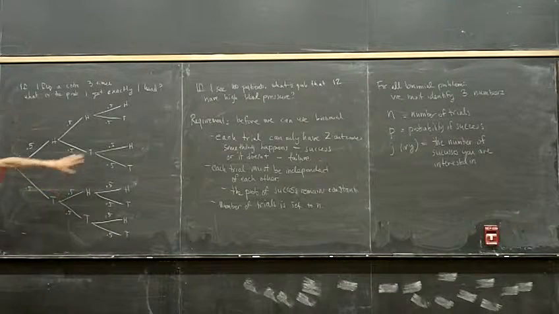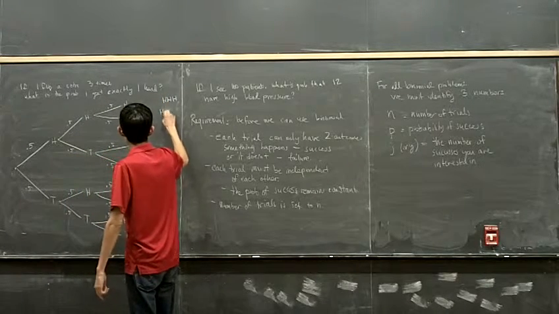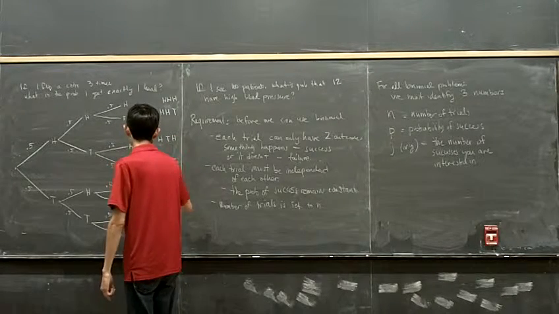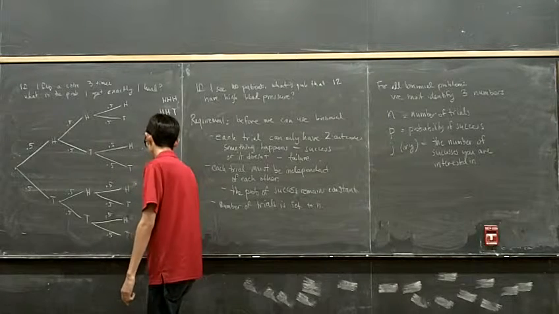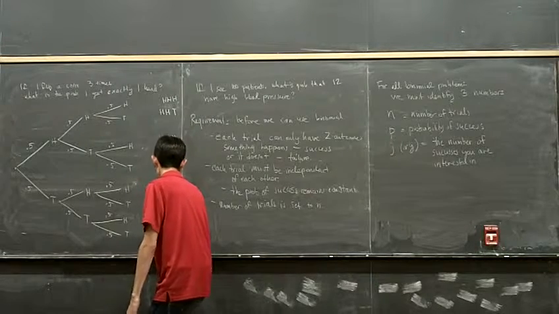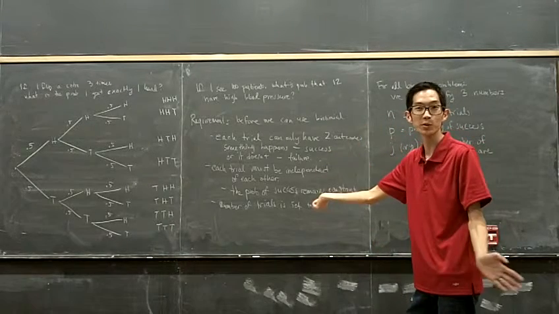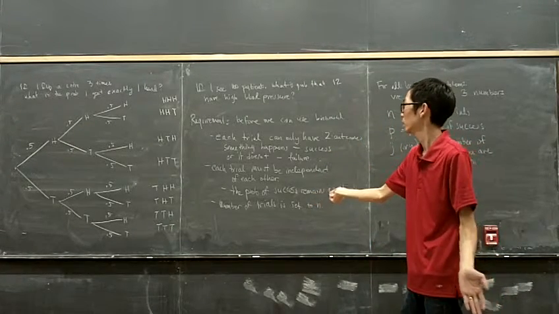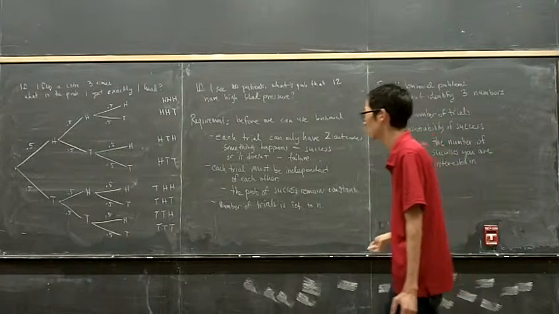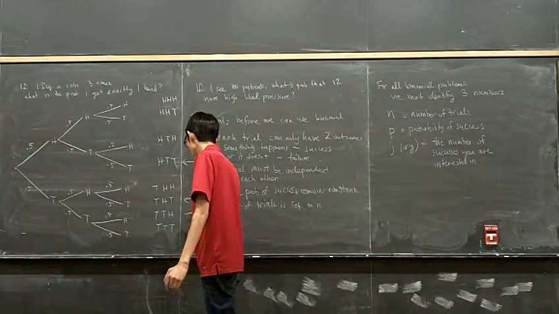All right, so here I've listed all the possible outcomes, starting with heads, heads, heads. Those are all the possible outcomes that can happen when you flip a coin 3 times. And in which of these do I get exactly 1 head? This one, and this one.